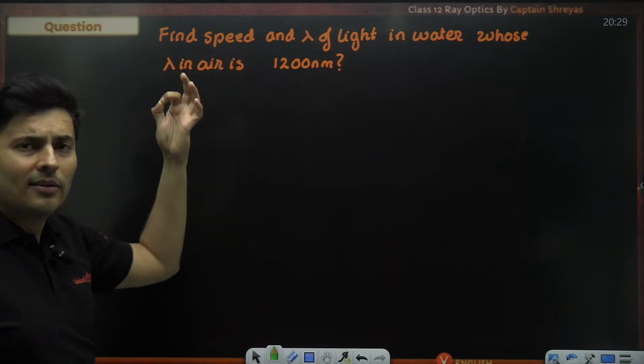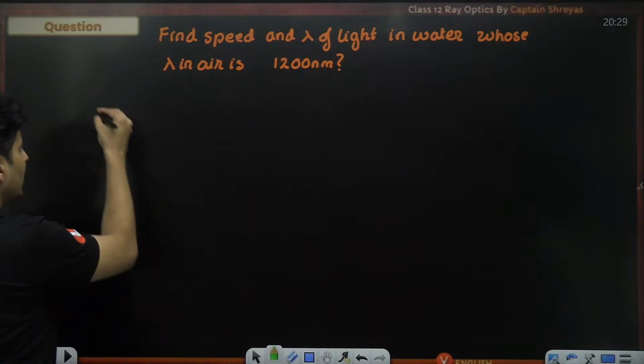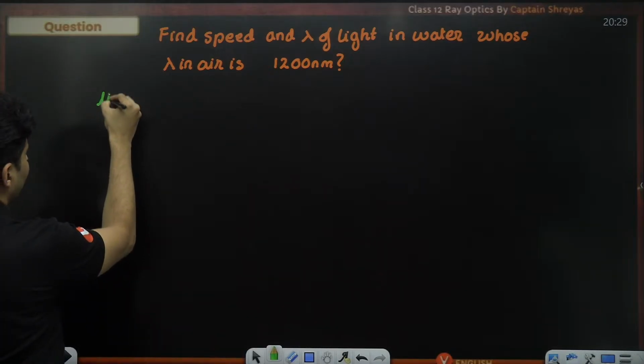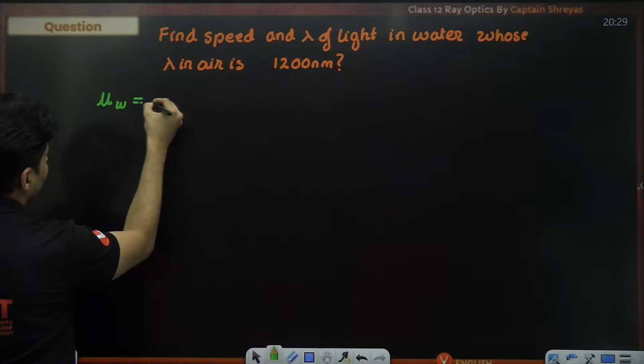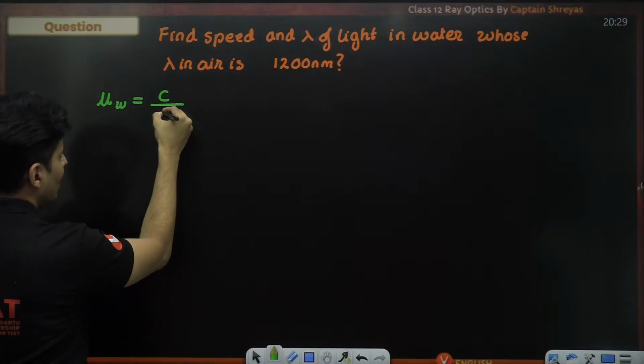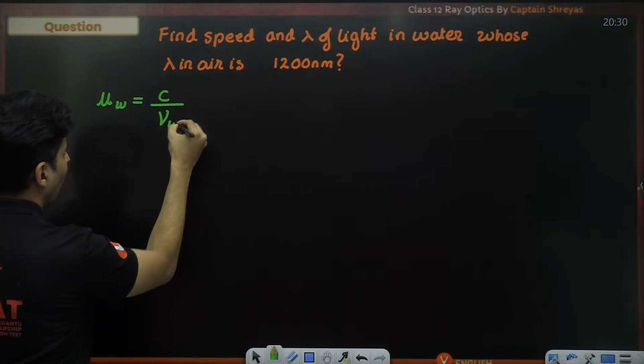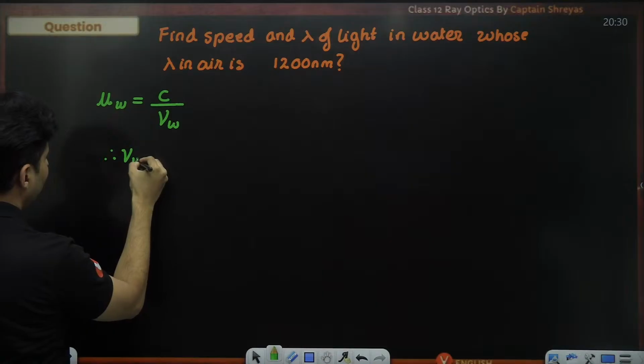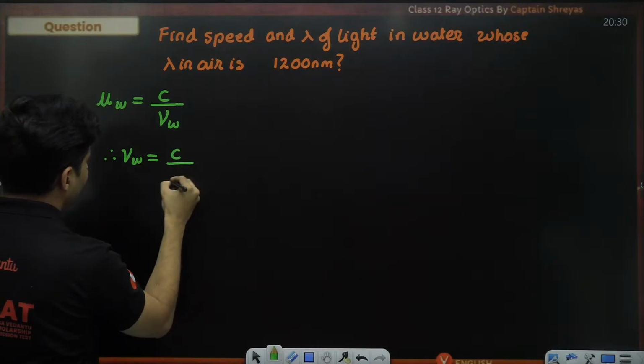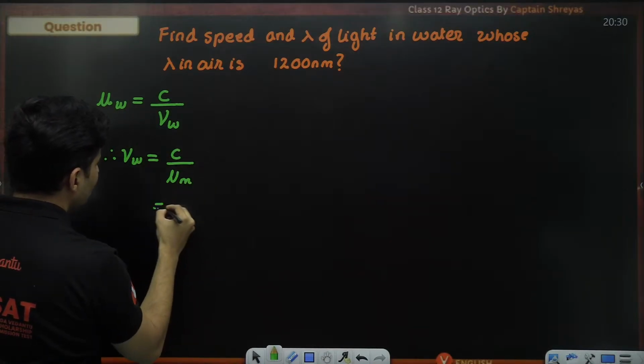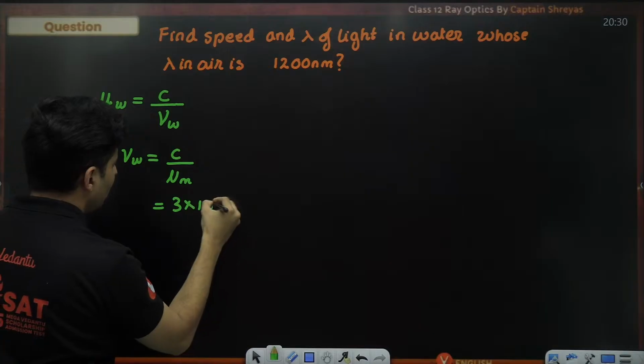So speed of light in any medium, standard formula. Refractive index of water will be speed of light in vacuum upon speed of light in water. Therefore, speed of light in water will be C divided by mu W. Speed of light is 3 into 10 to the power 8.